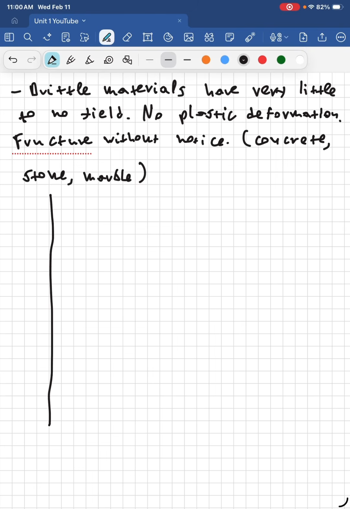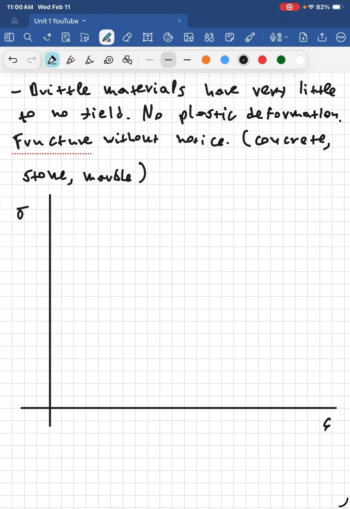So if we plot the stress and strain graph, I'm sorry, it's not a plural, it's just one. A brittle material will look like this.